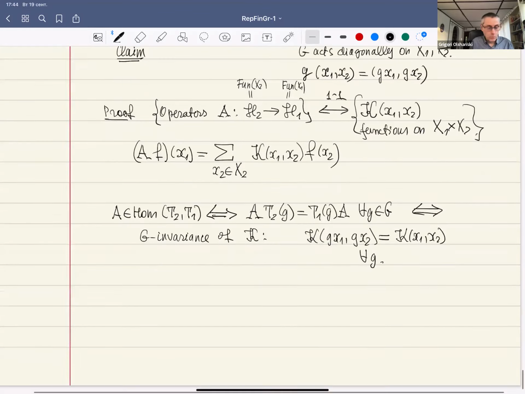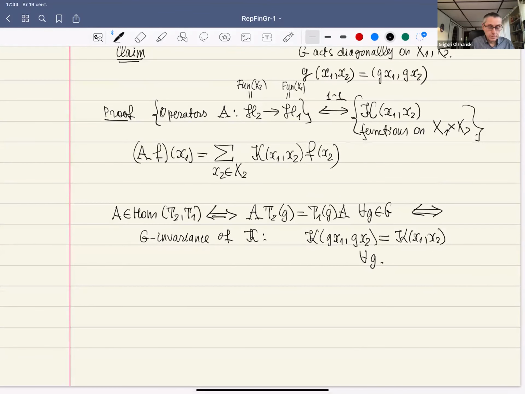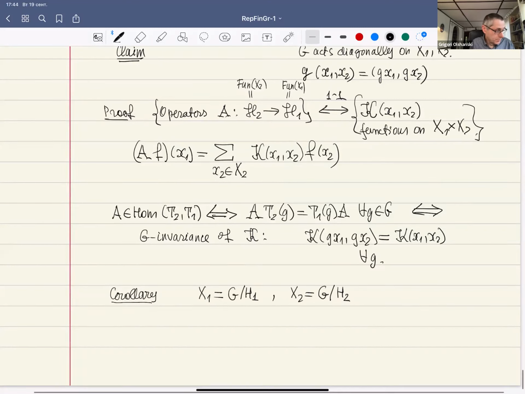I'm sorry, just one minute. So some corollary. The corollary is as follows. Assume that X1 is a homogeneous space with respect to some subgroup, and X2 is also a homogeneous space with respect to probably another subgroup.